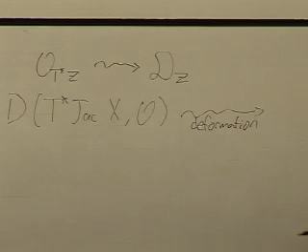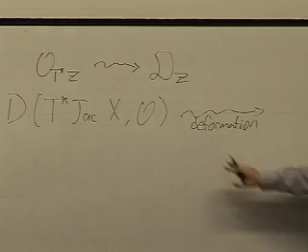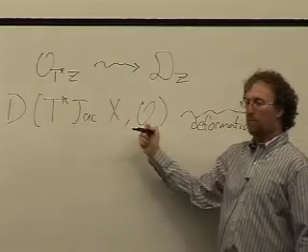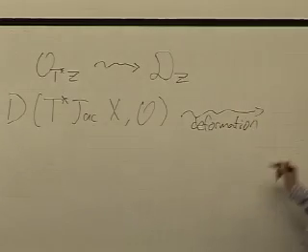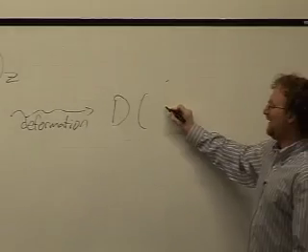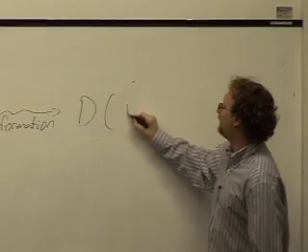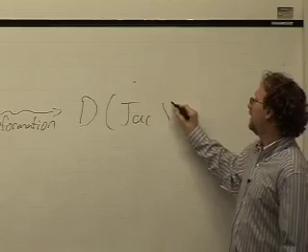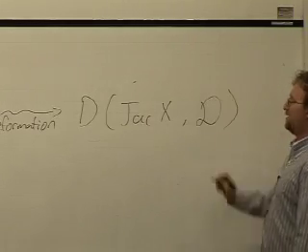And where does that go? Well, instead of looking at O modules on T star of the Jacobian, we'll look at modules for the deformed ring, which is the ring of differential operators. So this is some notation that didn't make it to yesterday. So we're going to look not at T star of the Jacobian, but the Jacobian itself. We look at D modules there.